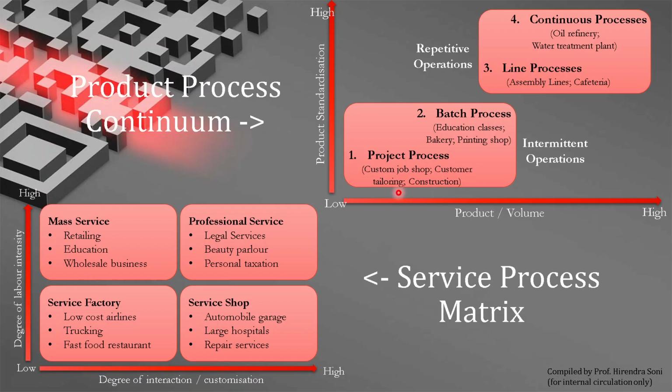Another example would be tailoring. That means it's custom manufacturing, so custom job shop constructions. These are specifically related to the customer's requirements, and matching the customer's requirements becomes the most important aspect.